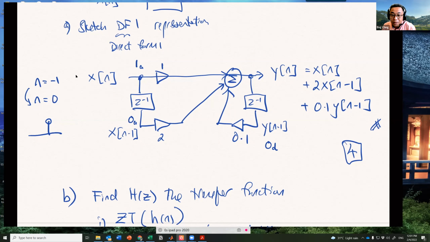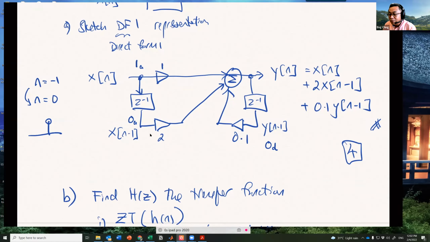I push the new data into my system. As I push into here, my data will flow down, right? My x[n-1]. When n is 0, this becomes x[-1]. Agree? So you are pushing the data.